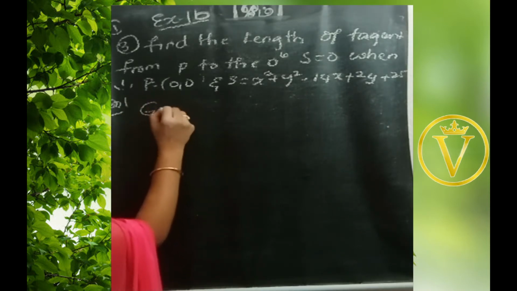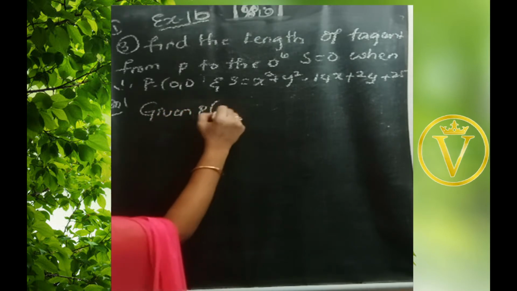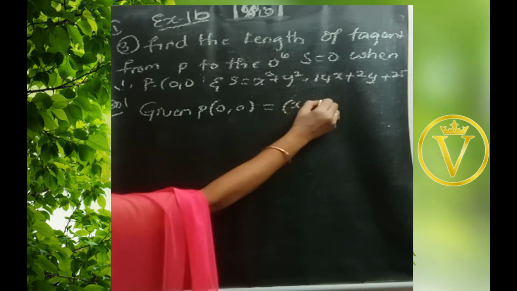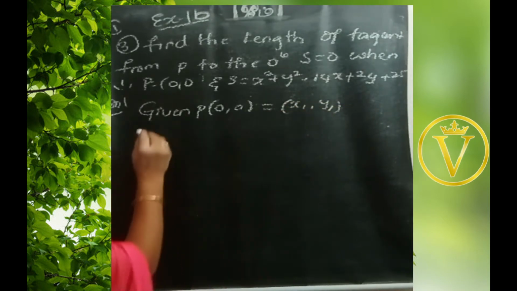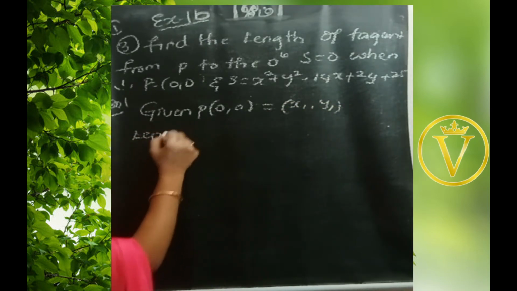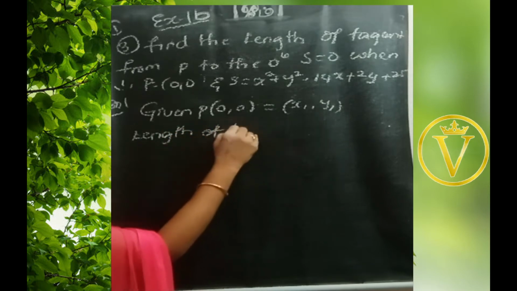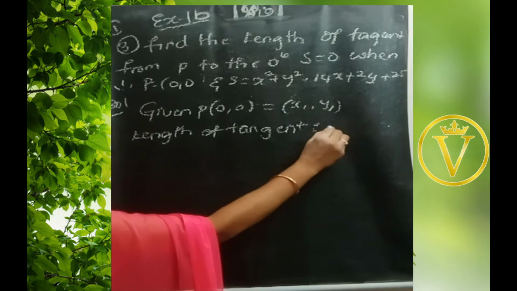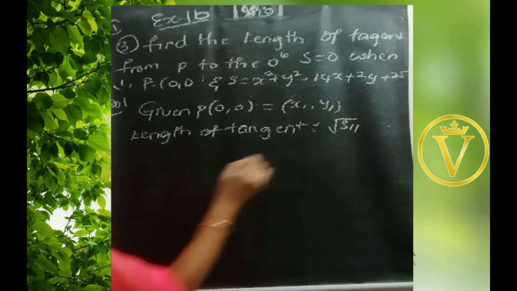First, given P is 0 comma 0, that is x1 comma y1. Now the length of the tangent equals root S11.